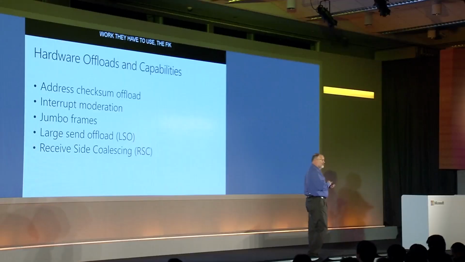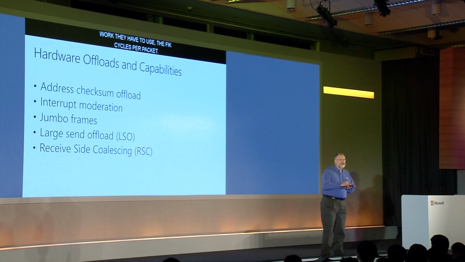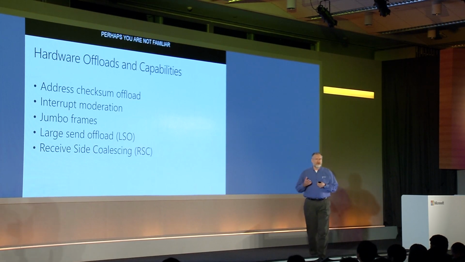Interrupt moderation is another interesting technology. These have all been around for quite a while, but perhaps you're not familiar with them. Interrupt moderation comes from back in the days when every time we got a packet, we got an interrupt in the operating system. That cost us a lot of time going in and out of interrupt processing code.